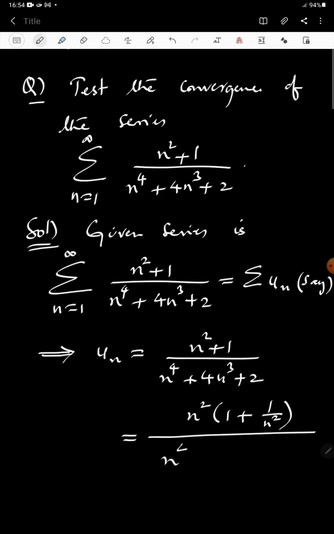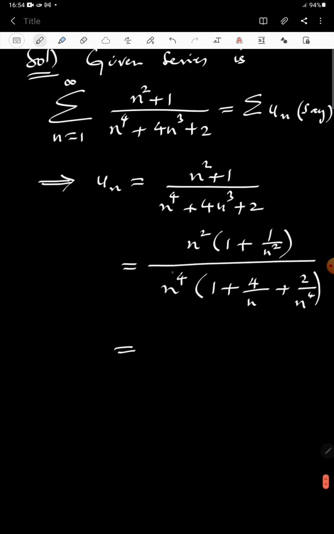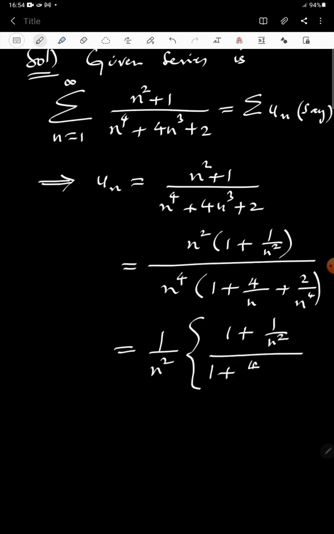I take n to the power of 4 common, so it will be 1 plus 4 by n plus 2 by n to the power of 4. After cancelling these powers of n, I get the net result as 1 by n square into 1 plus 1 by n square divided by 1 plus 4 by n plus 2 by n to the power of 4.